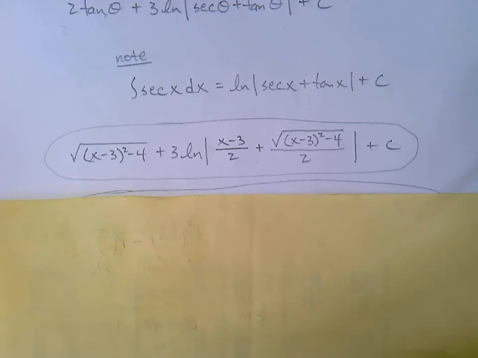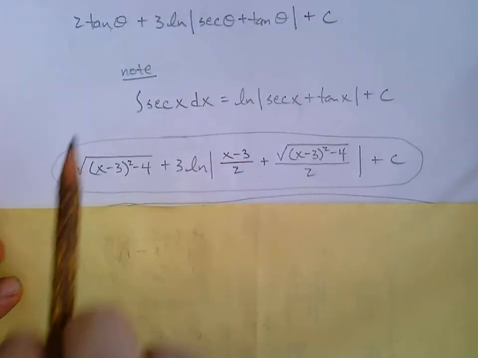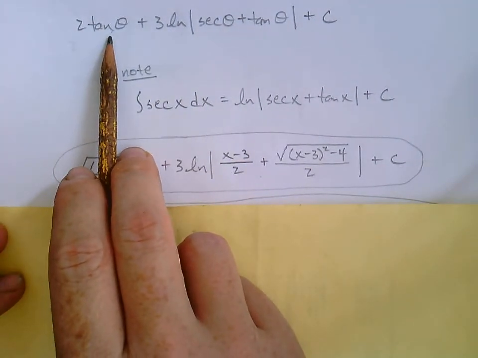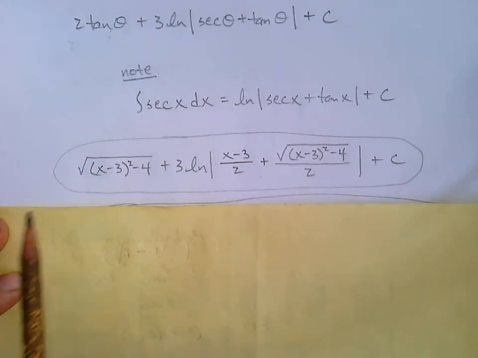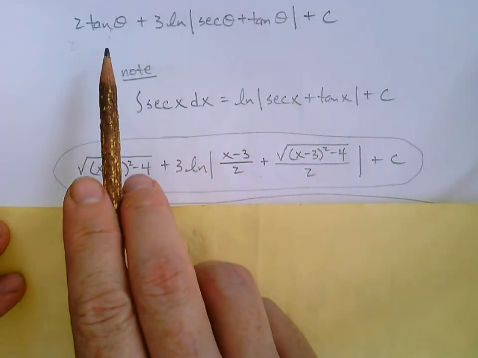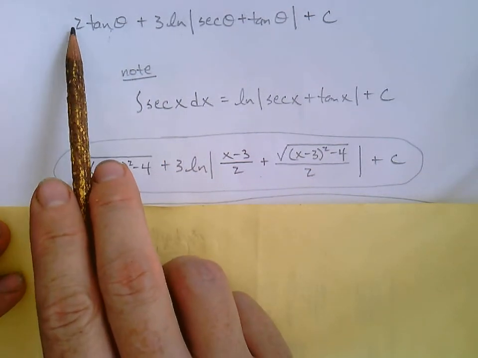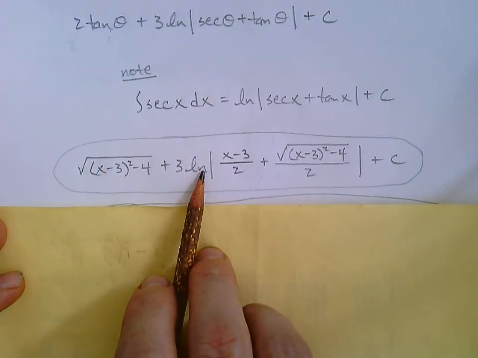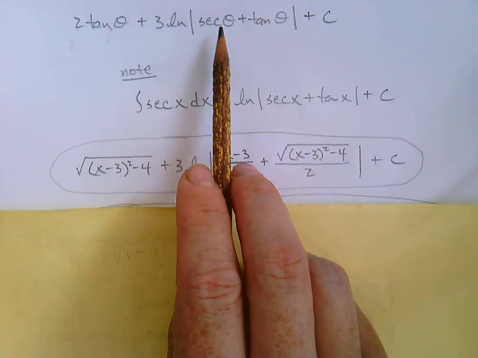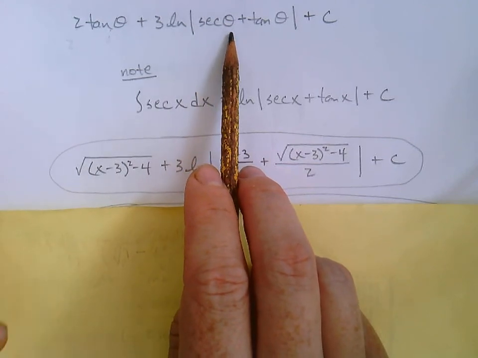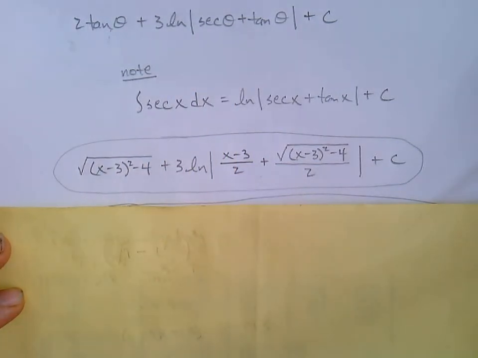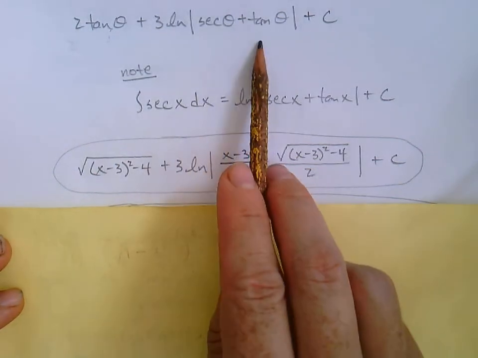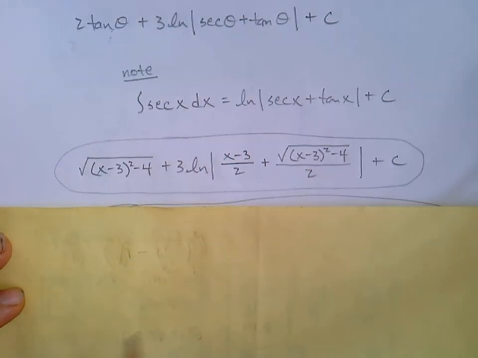I've got 2 versions of the final answer. So, tangent, if you look back to the triangle, was our radical over 2. So the 2's end up canceling, which is kind of nifty. Plus 3 natural log. Secant, looking back to that triangle, would have been x minus 3 over 2. And then tangent again is that radical over 2, plus c.